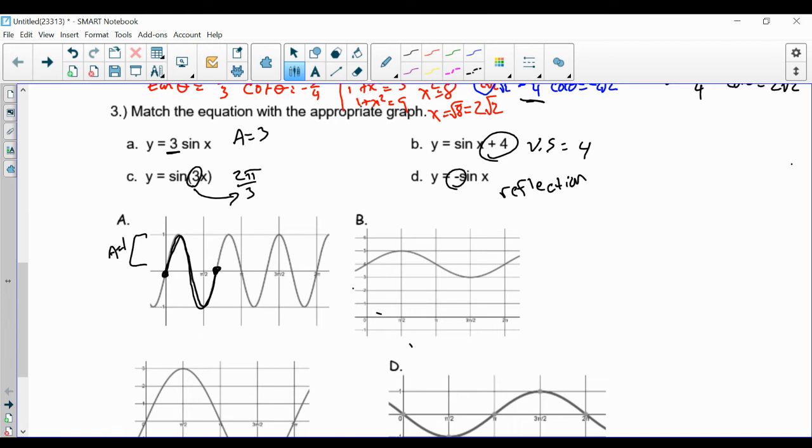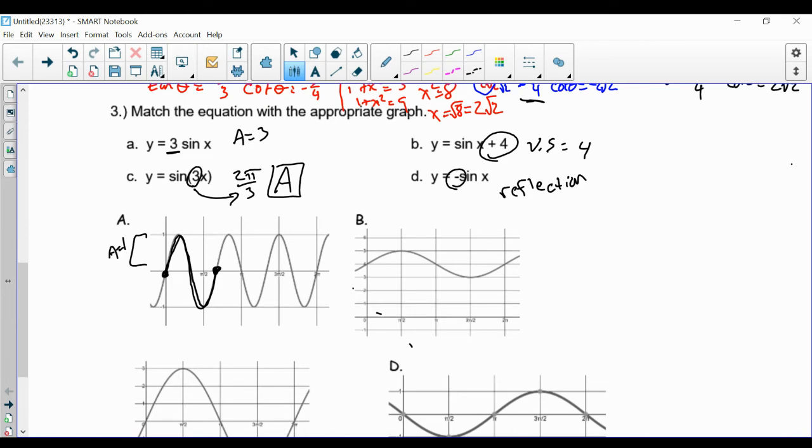Now, I didn't make this graph very well with the scale, at least, when I put it on the computer. But we can definitely tell it is not 2 pi, which means our answer for which one this goes with is choice lowercase c goes with graph A.